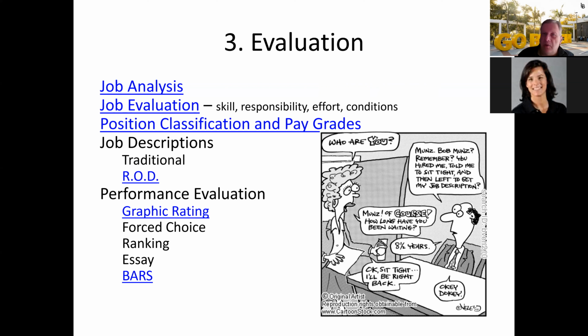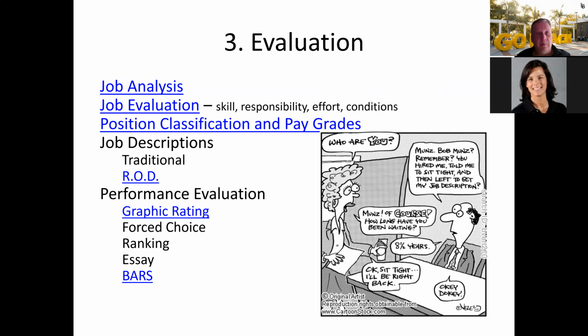So we have to evaluate all the individual jobs within our organization so that we know what people are doing on a daily basis, and we can then use that information to classify these positions into our step and column position classification system. Because once we have arrayed them in our position classification system, we then have the information we need to assign compensation.